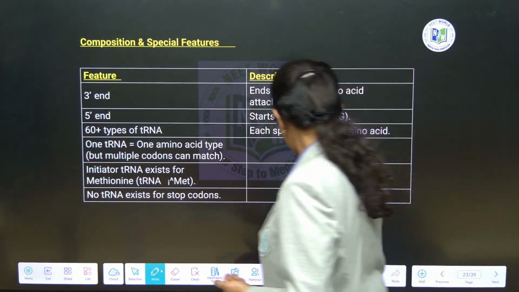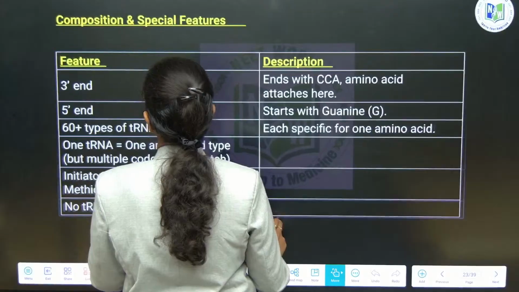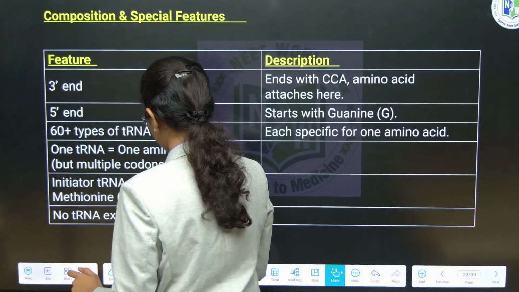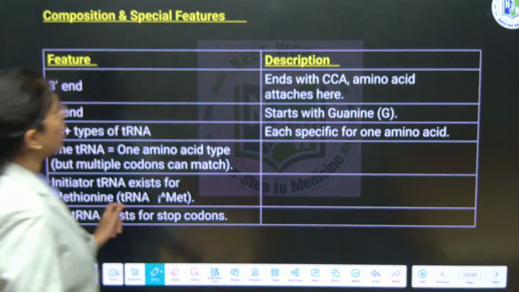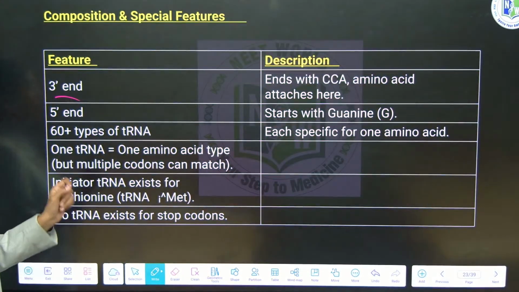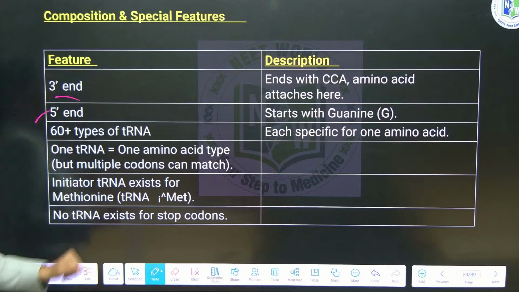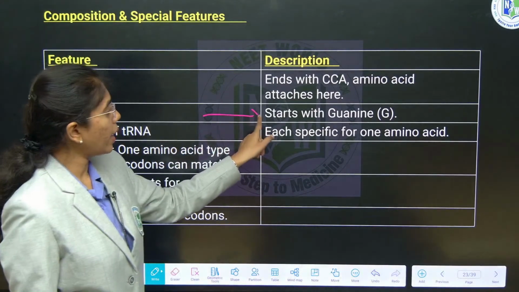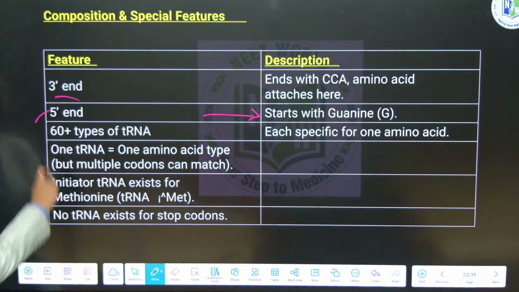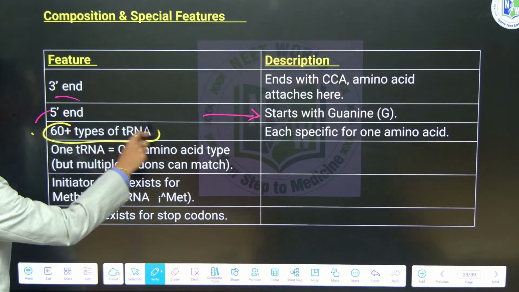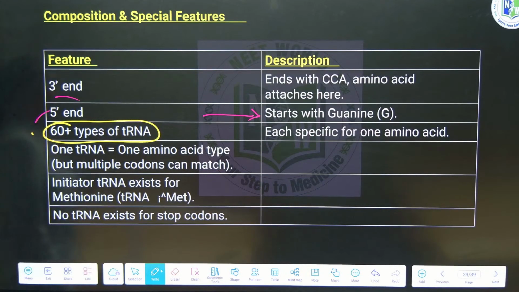Next, composition and special features. The 3 prime end will end with CCA, and the amino acid will attach over here. The 5 prime end starts with guanine. There are 60 plus types of tRNA. Each is specific for one amino acid. One tRNA holds only one amino acid.